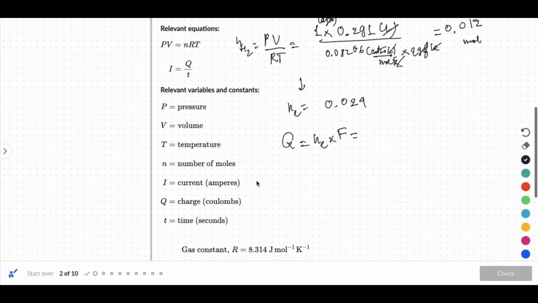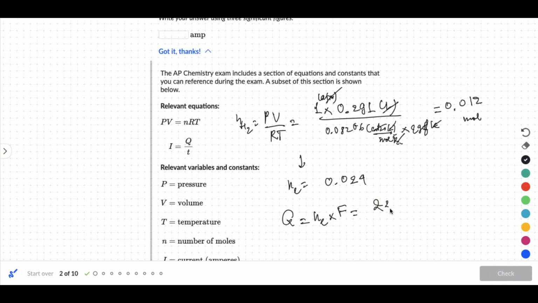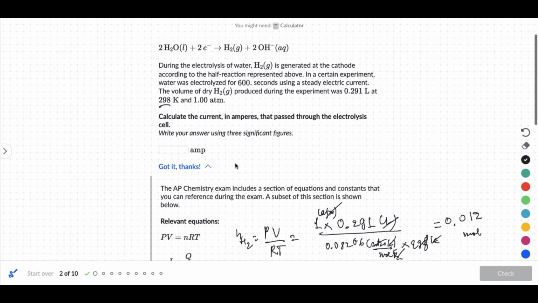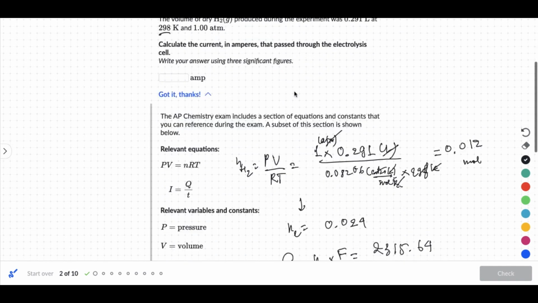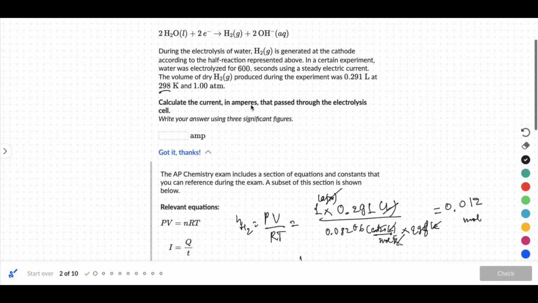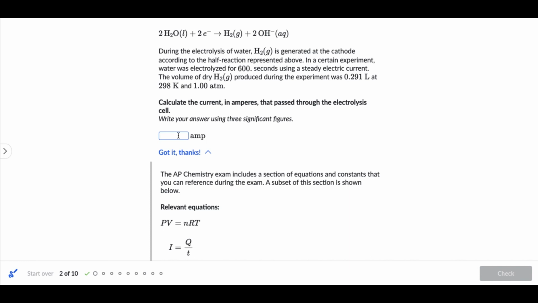So we're left with something like this, and now we're going to divide by 600 seconds, and what we have is 3.86 amperes.